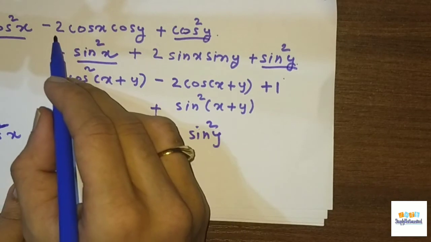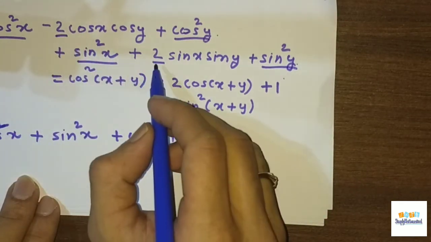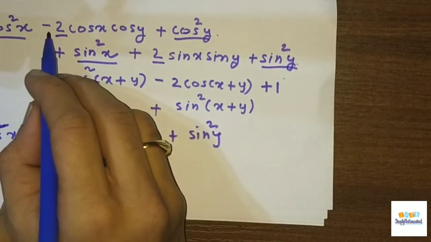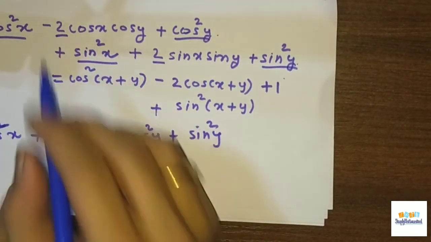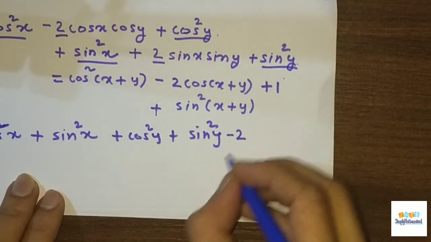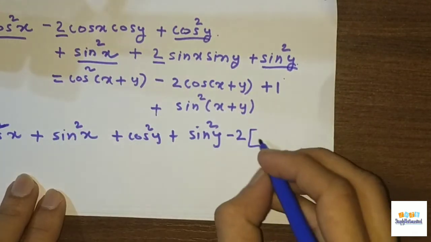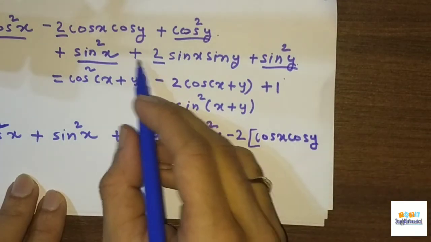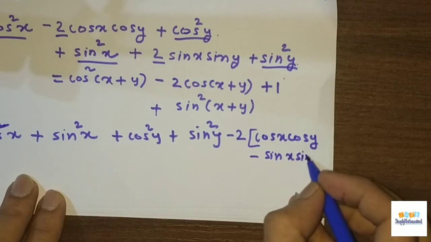Now what happens here, you can see that you can take 2 common, and also the minus sign we will take common. So if we take 2 and the minus sign common you will get minus 2. What will remain: cos x cos y, and then minus sin x sin y.